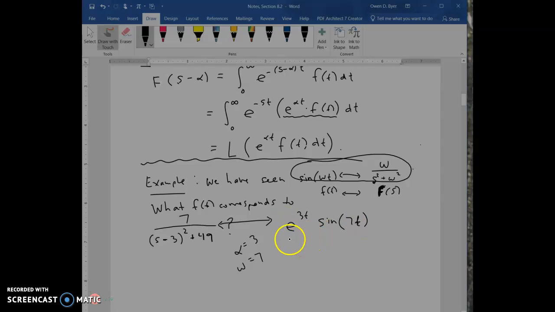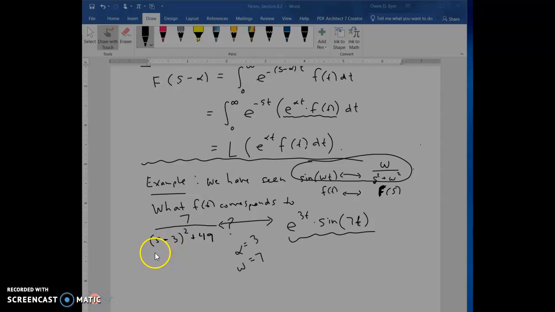So this says if you would integrate this function right here from 0 to infinity, you would get the right-hand side.